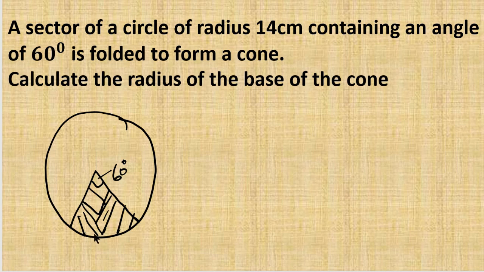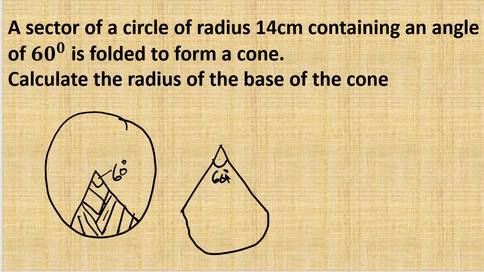Now, the second mistake students make is not drawing this diagram. They try to solve this problem without drawing the diagram. That way, they cannot visualize the problem. Now, if this sector has 60 degrees and is folded to form a cone, that is, here's a sector, and it has how many degrees? 60 degrees.